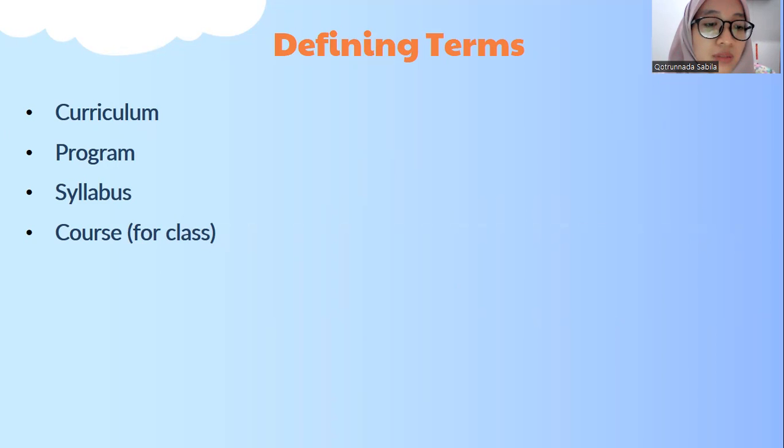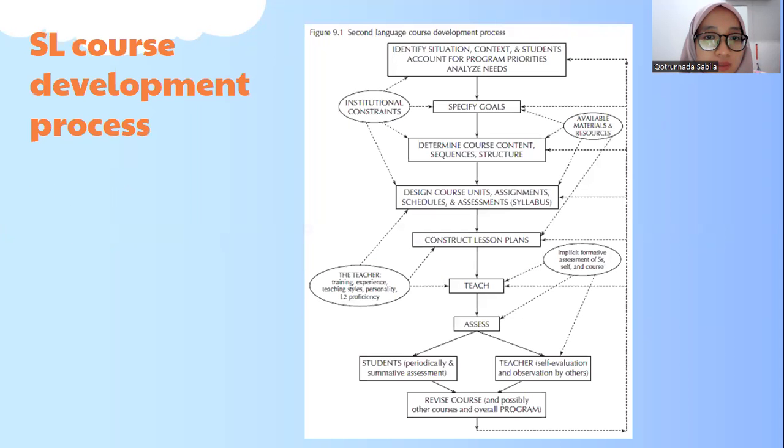And then syllabus: the planned structure of a single course that outlines specific course goals, requirements, readings, assessment, and schedule of assignments across the length of the course. And then a course or class is a time-limited educational experience usually carried out in regular meetings, with a limited number of students.